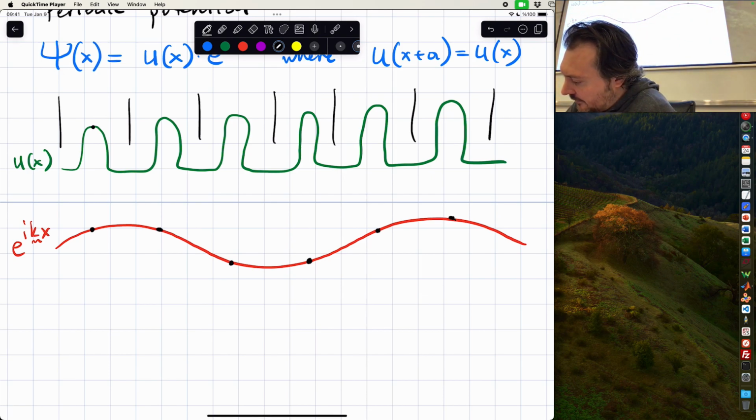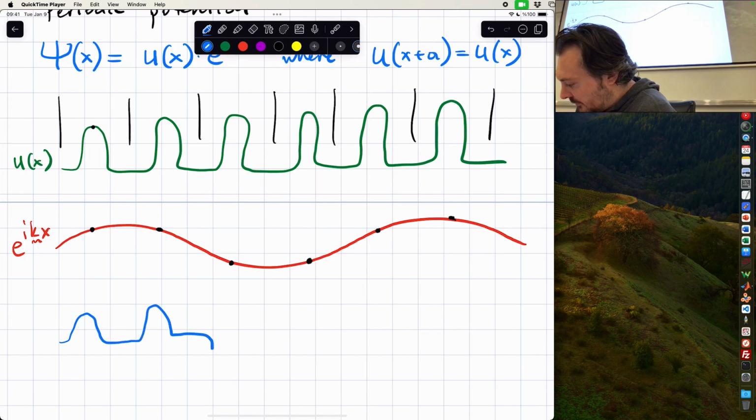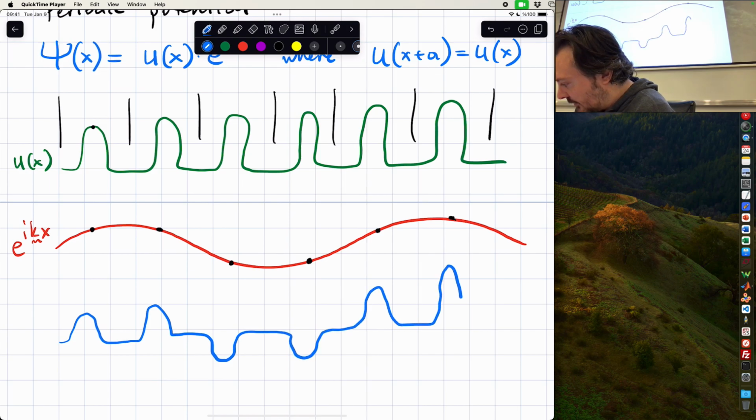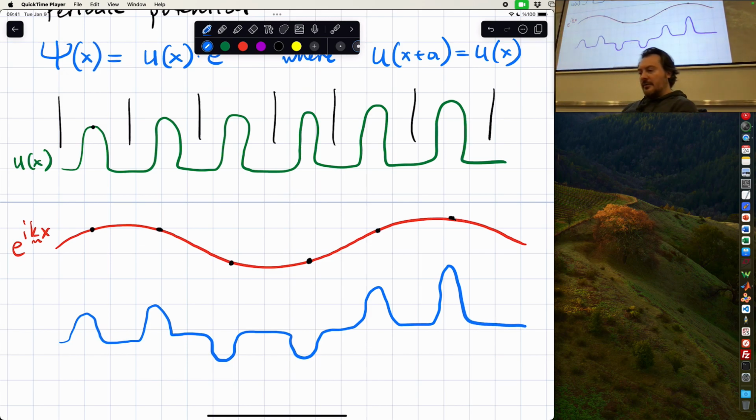So I have some small amount here, and then a small amount here, but then it becomes negative, then it becomes negative, then it becomes positive, then it becomes a bit more positive. Do you agree? So I've multiplied the red curve with the green curve to get the blue curve. Yes or no?